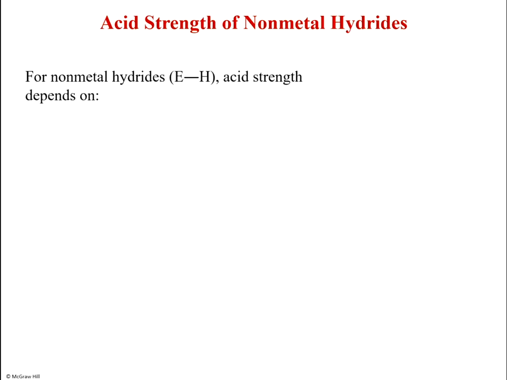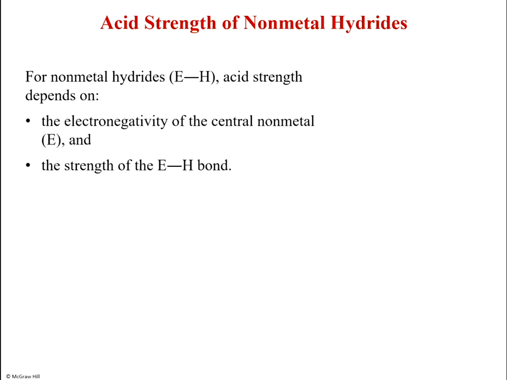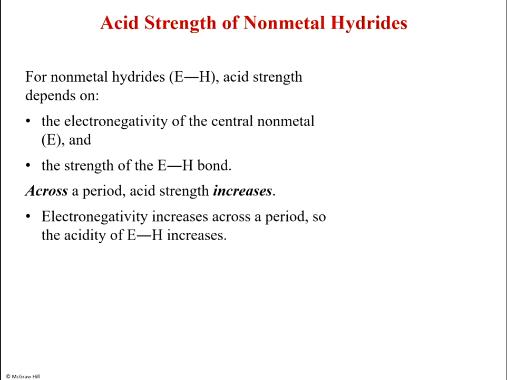Now we can take these trends and generalize them. For non-metal hydrides, for example, hydrogen sulfide, H2S, when they dissolve in water, their acid strength depends on the electronegativity of the central nonmetal atom and the strength of the nonmetal-hydrogen bond. When we go across a period, the acid strength increases.